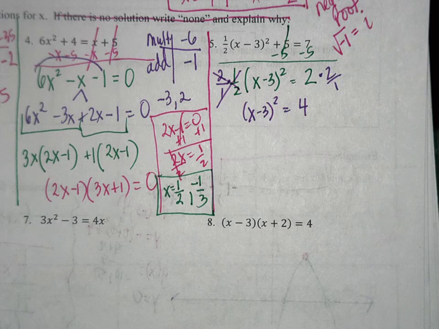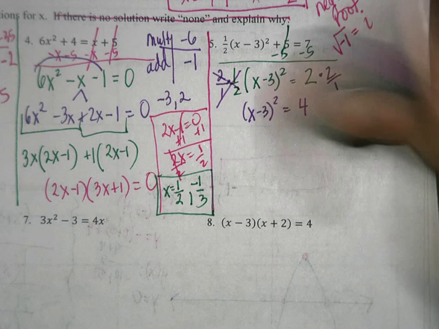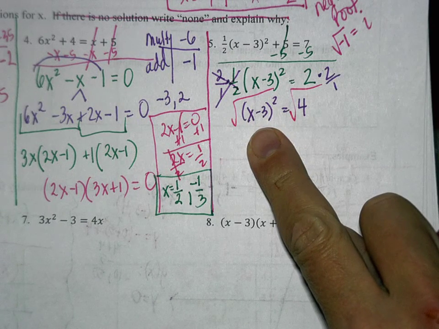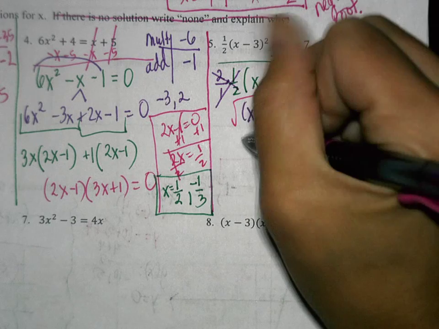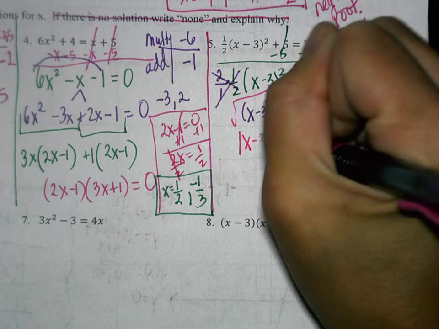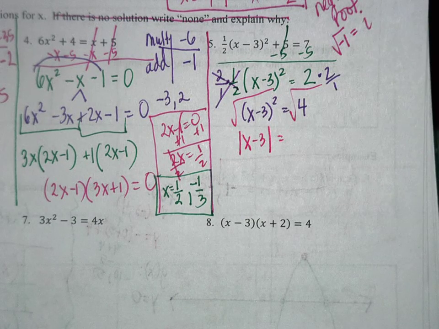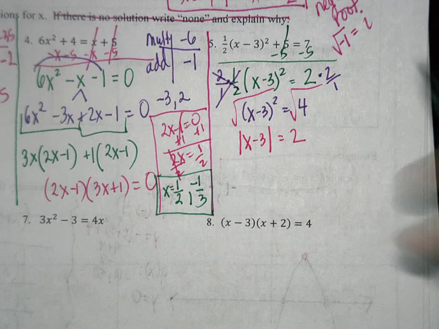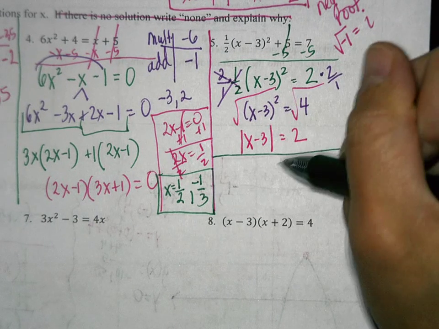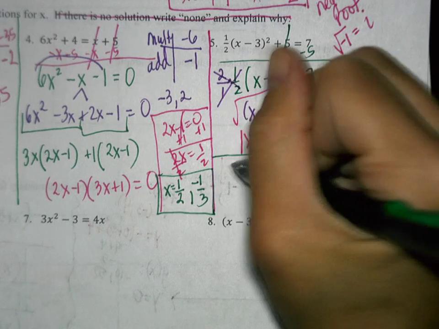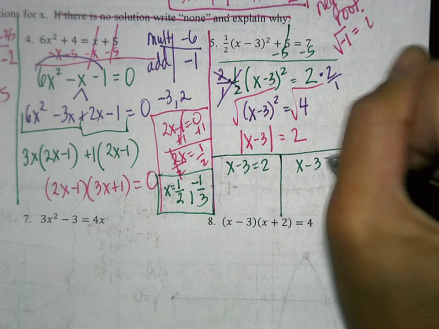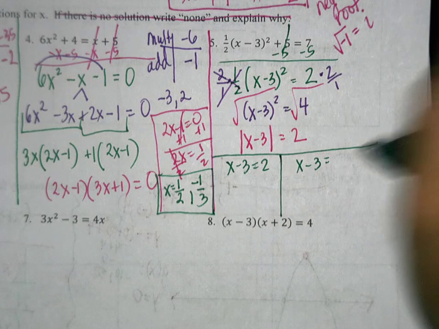All right, what do I do now? Very good. Take the square root of both sides. Anytime I take a square root, I'm going to get what? Absolute value. So I have the absolute value of x minus 3 equals 2. Good. At this point, what do I do? Very good. Two equations: x minus 3 equals 2, and x minus 3 equals negative 2.